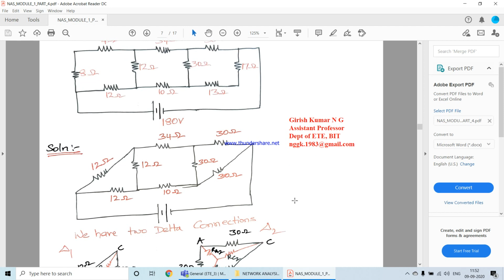Now, what do we need to do here? How to apply star delta? First, you should see whether there is any star format or delta format in the given question. Here, I can see that we have one delta here and another delta here. If we convert these two deltas into star, then the job becomes very simple. So we'll do that now.